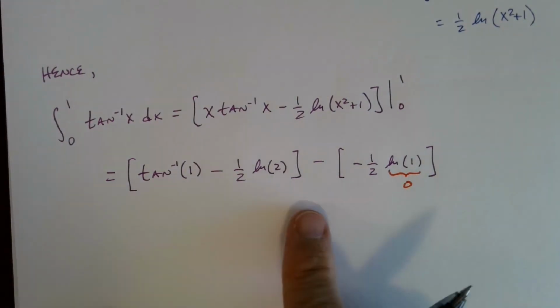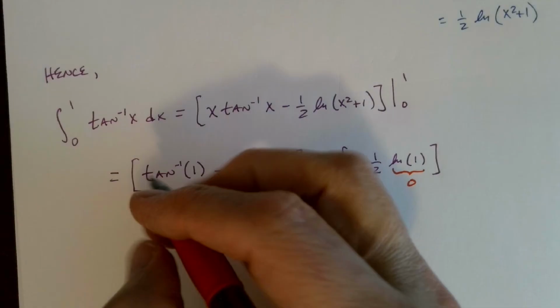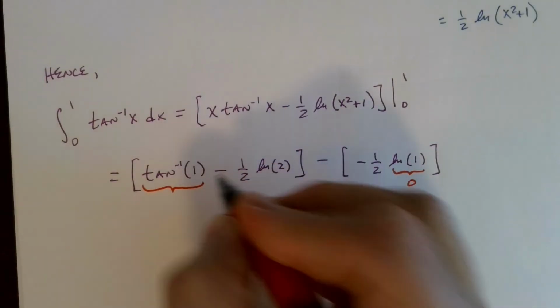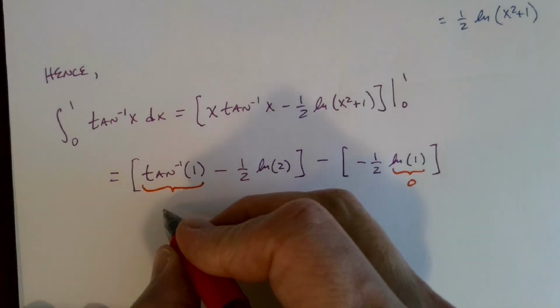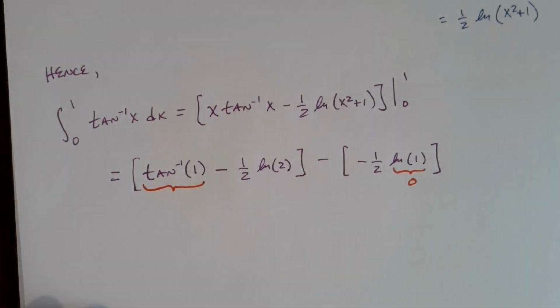Now I don't know what the natural log of 2 is, but do I know what the tangent inverse of 1 is? Yeah. Tangent inverse of 1, if that's, say, y, then tangent of y must be 1, and y is between negative pi halves and pi halves. And so when is the tangent function equal to 1?